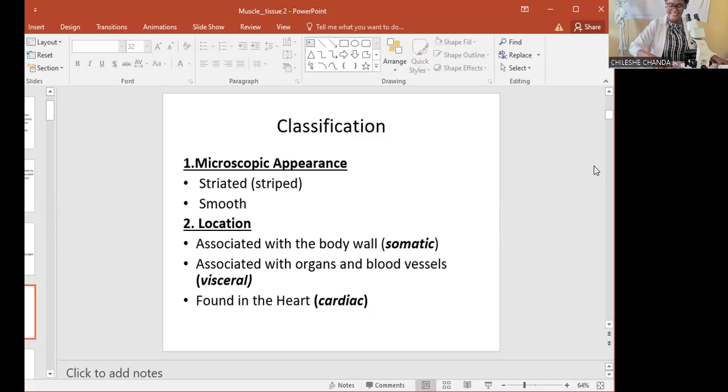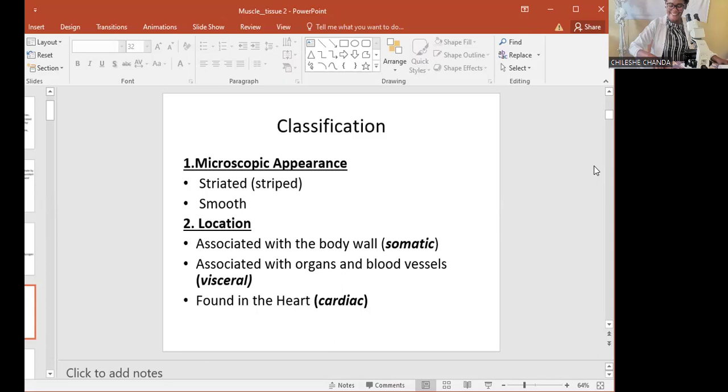muscles. Now, those visceral muscles are called visceral because the organs that they line are visceral organs. So all those organs that are inside your body are known as viscera. So the muscles that are associated with the viscera are therefore known as the visceral muscles, okay?